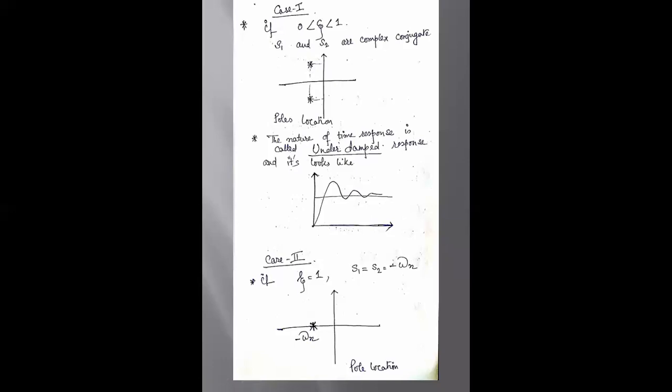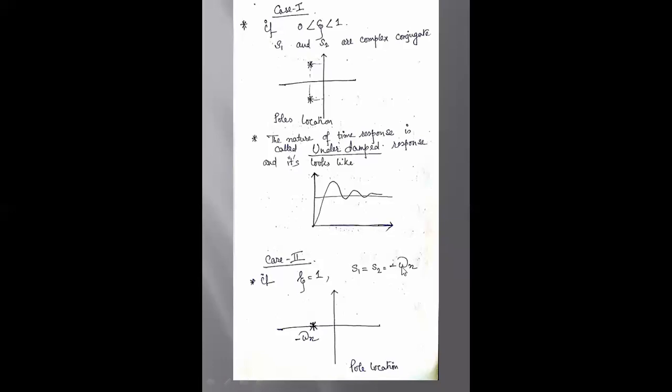Now case 2 is when zeta equal to 1. When zeta equal to 1, the square root portion is omitted, so the values of s1 and s2 are both minus omega n.